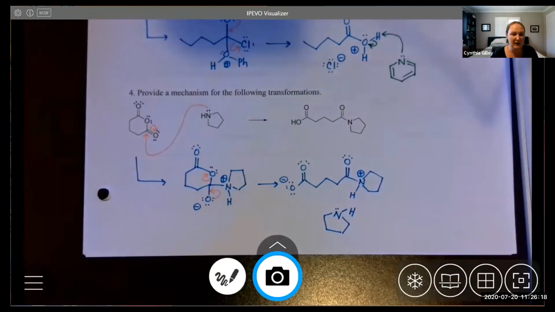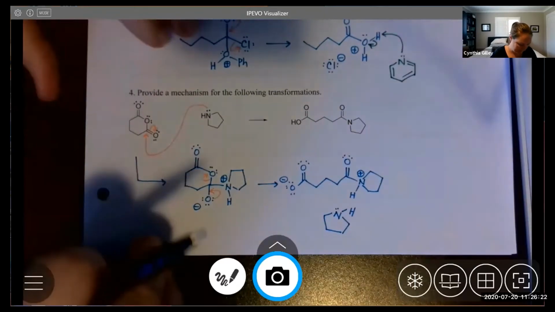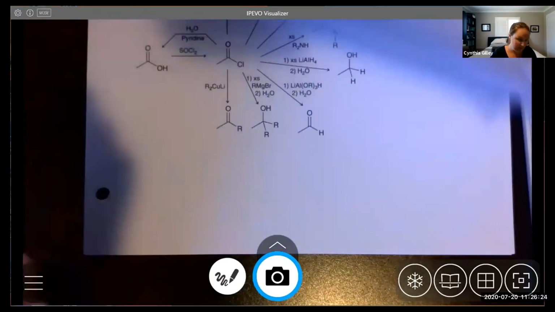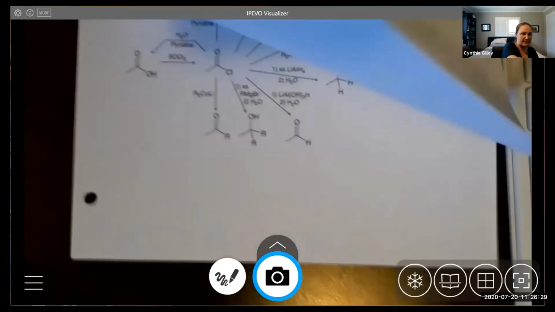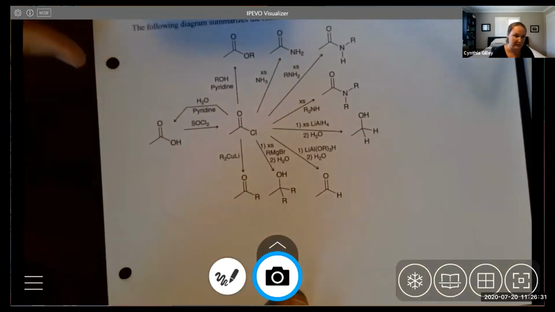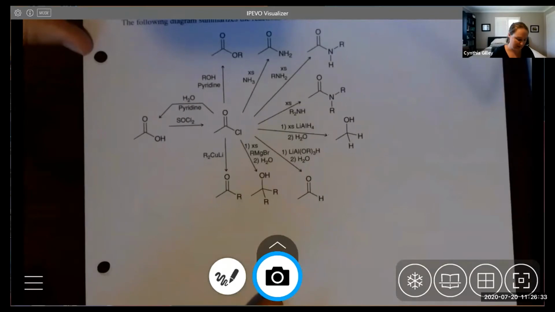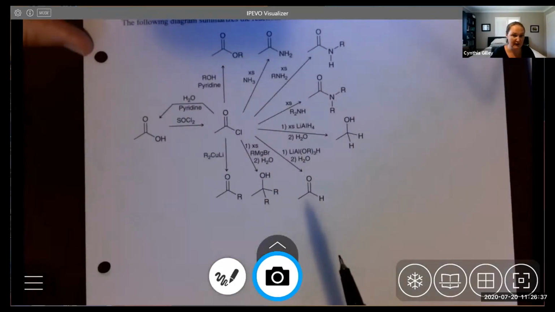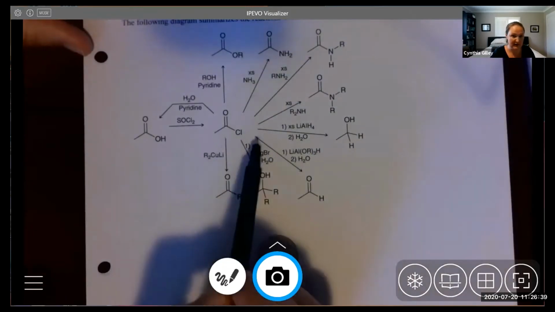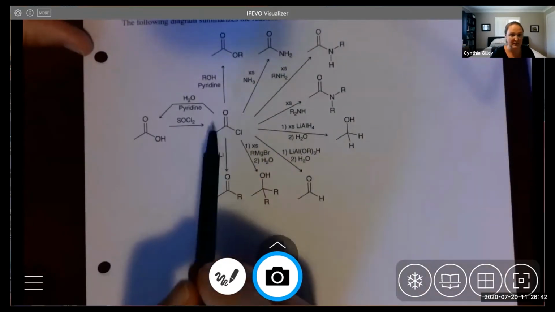which is, by the way, also when you look at, skipping forward a little bit here, this little summary slide of the reactions of acid chlorides, which you could just substitute with an anhydride. They do the same reactions.